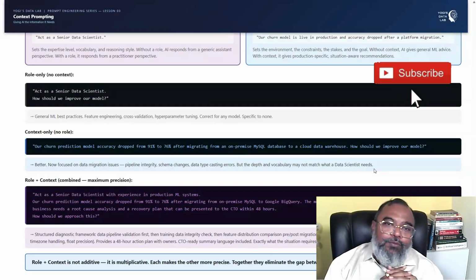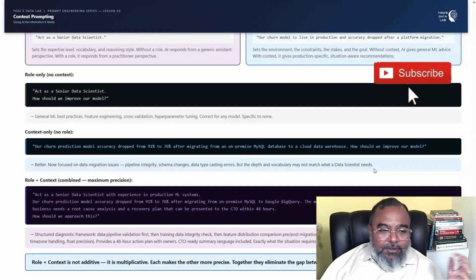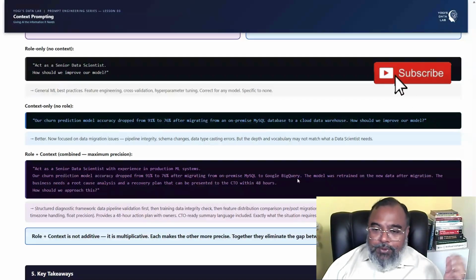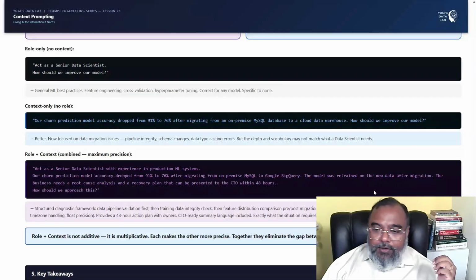What if I combine role and what if I combine context? So what I am doing here is: act as a senior data scientist with experience in production ML systems. Our churn prediction model accuracy dropped from 91 to 75, sorry, 76% after migrating from on-prem MySQL to Google BigQuery. The model was retrained on the new data after migration.